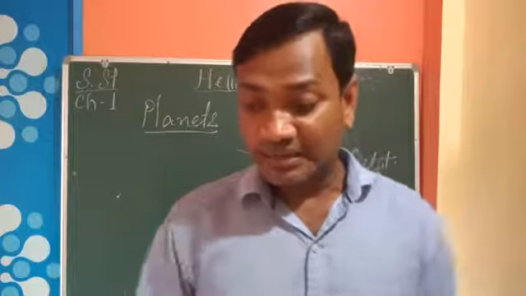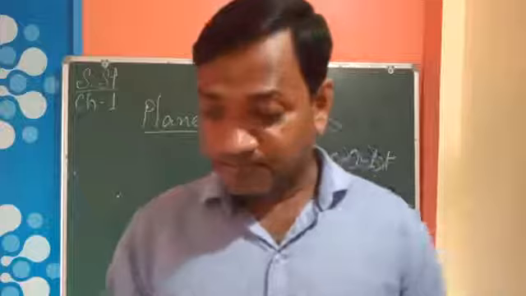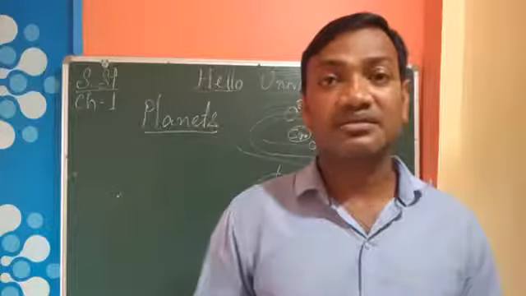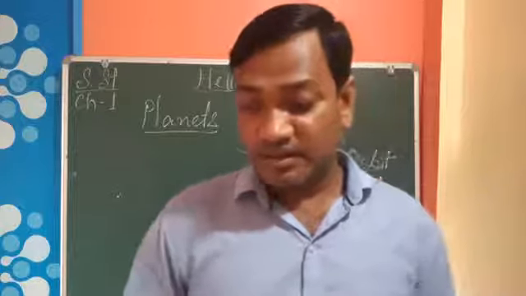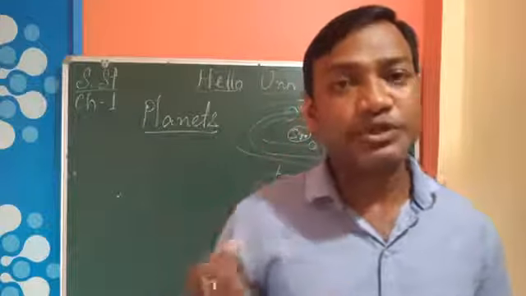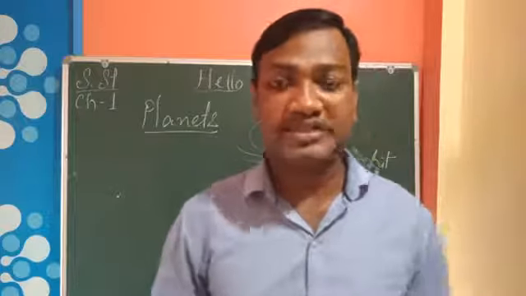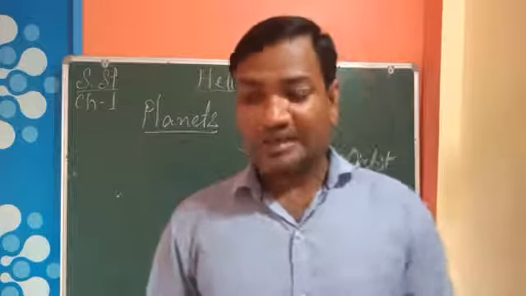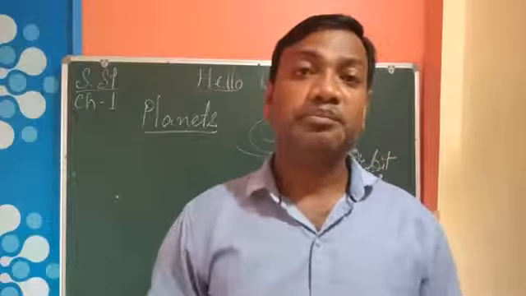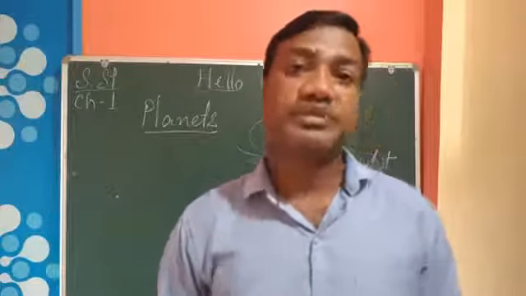Okay, and because of these gases, they can focus. That means we can also see the light because of these gases, and it is like a big air balloon. Air balloon you have seen.